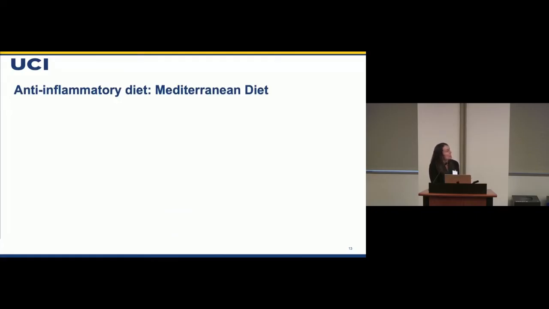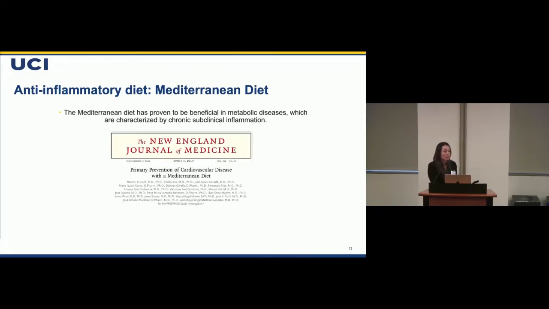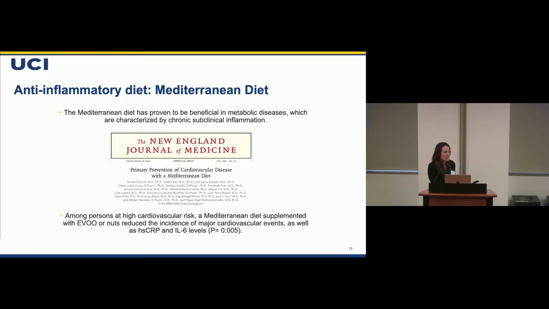So thinking about what type of diet would be most appropriate for an anti-inflammatory diet, we turned to a Mediterranean diet, which is widely regarded as a generally healthy diet, and there have been large studies in large cohorts of patients with cardiovascular disease demonstrating the benefits of a Mediterranean diet.